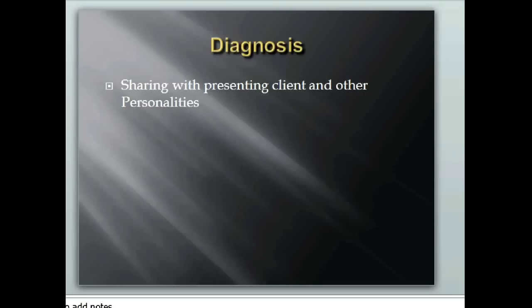And in fact, as you get to understand the personality systems and the other alters involved, either through regression or understanding through cognition, then you will share with the personalities the diagnostic system and the treatment plan that you propose with them. So they all have an understanding of the journey you're going on.